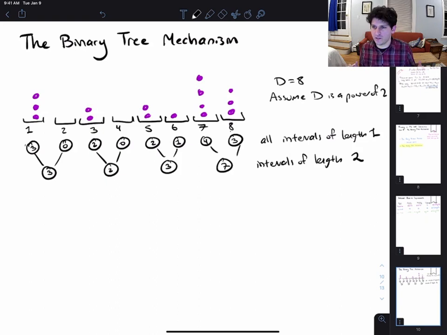If I want to answer the query, how many people are between 1 and 8, I don't have to sum 8 queries, I have to sum 4. So it's kind of not enough, right? That's not helping enough. I still have to sum d over 2 of these queries. So let's try now building all the consecutive intervals of length 4.